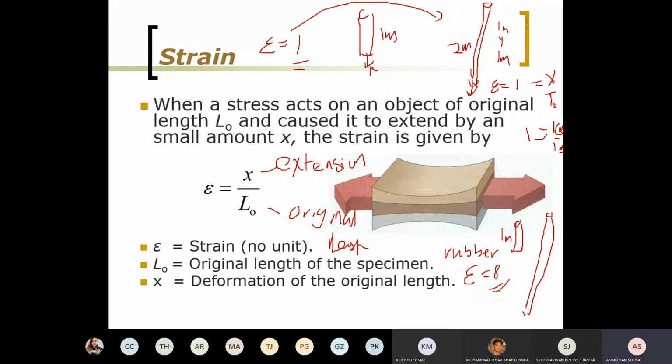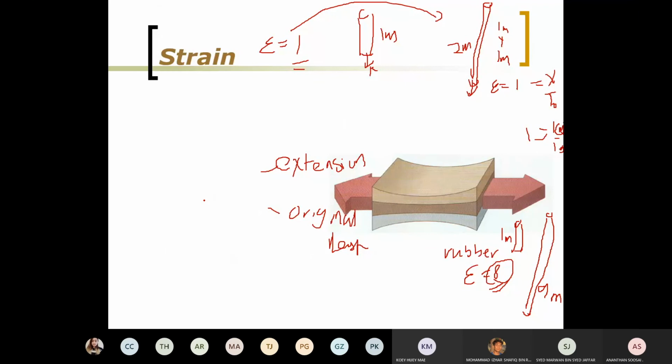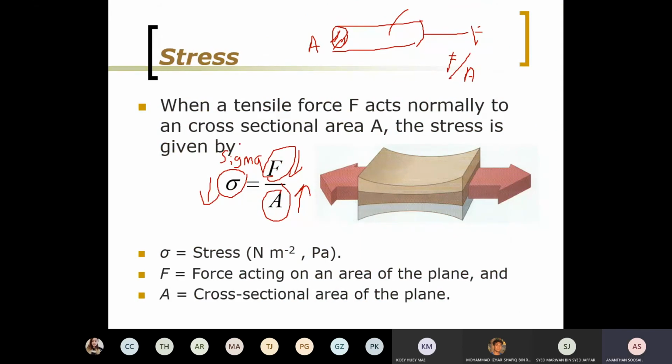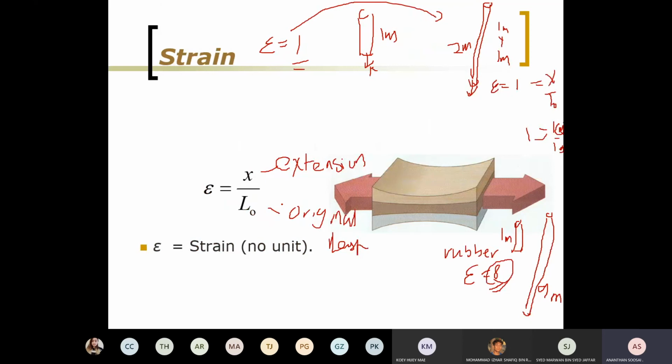When I have a strain of 8, the total length will be 9 meters, including the original length. That is strain. So, two quantities you learned: stress is force over area, and strain is extension over the original length.